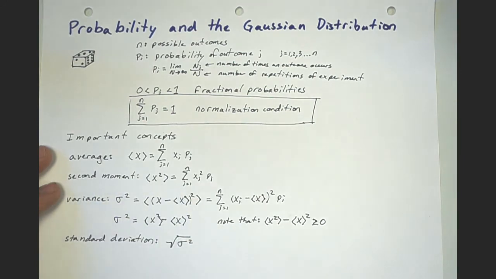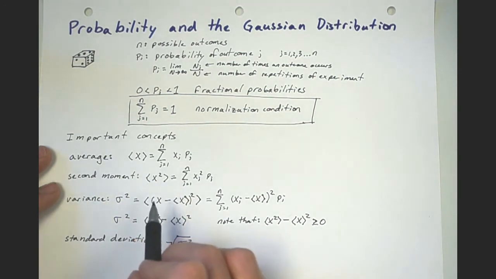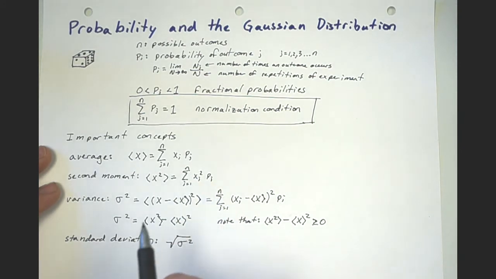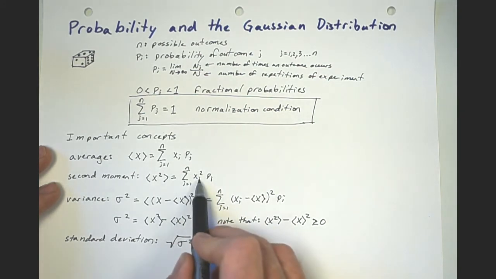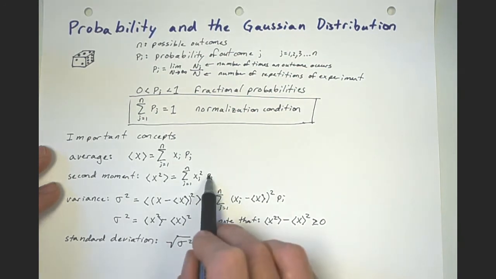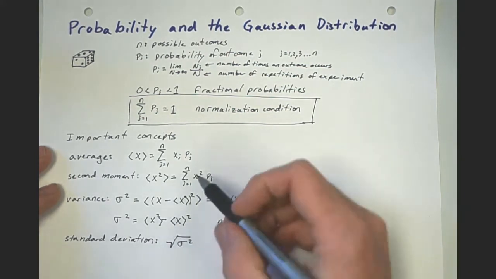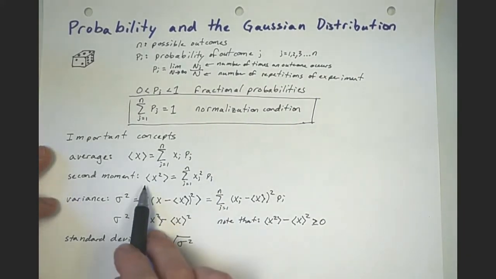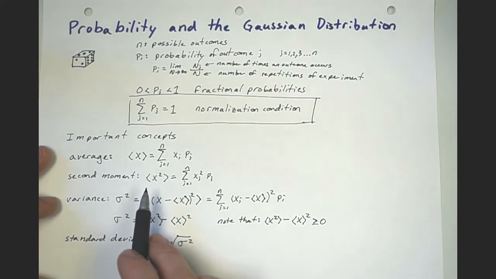Second moment, this is the average of x squared. So this is the value of x squared for a particular outcome j times the probability of that outcome, summed over all values.